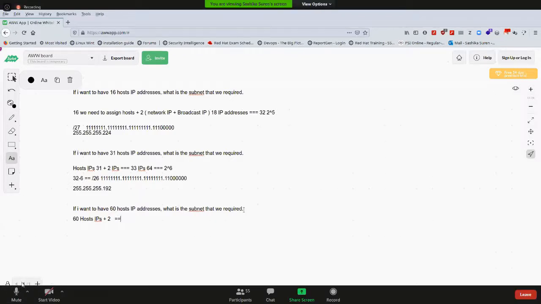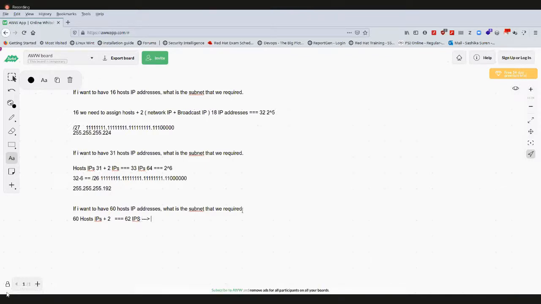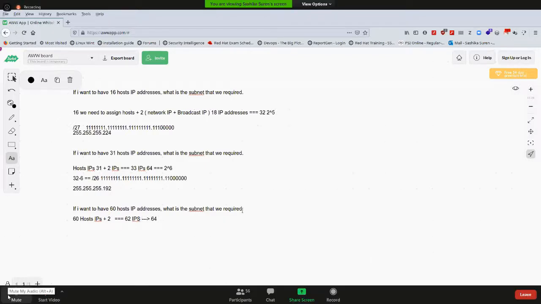Yeah, exactly. The nearest power of 2 for 62 IPs is 64. And 64 is 2 to the power of 6. So from the 32-bit subnet, you need to remove 6 bits for the host.